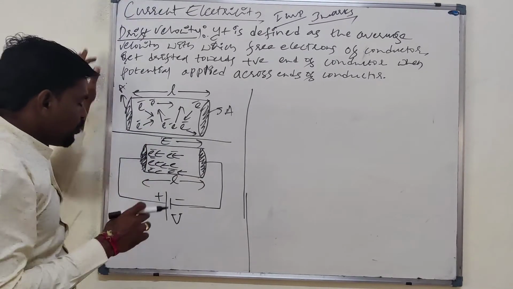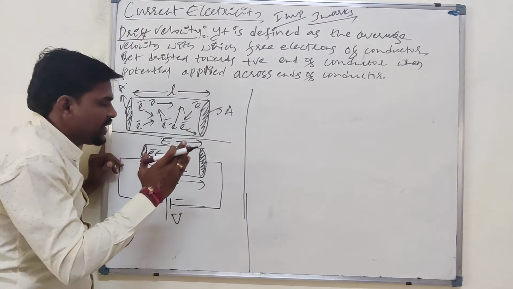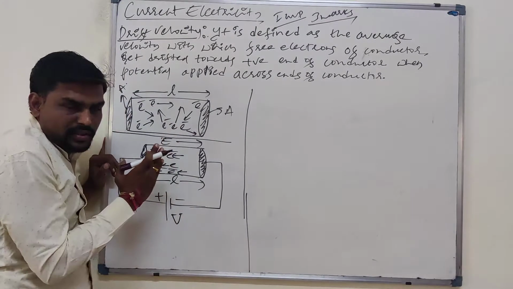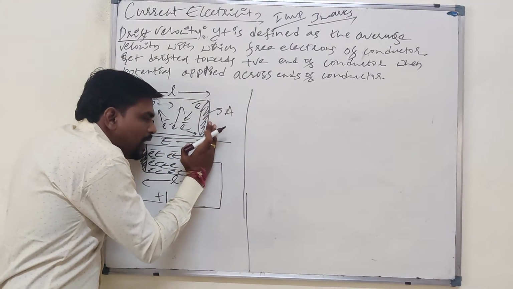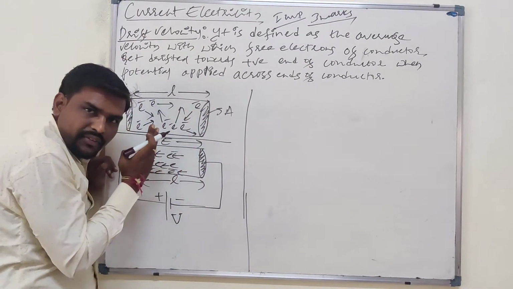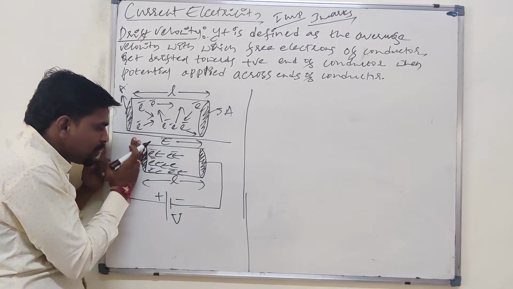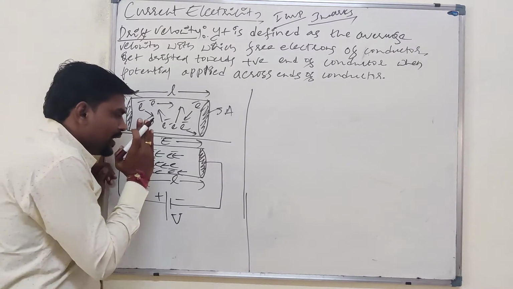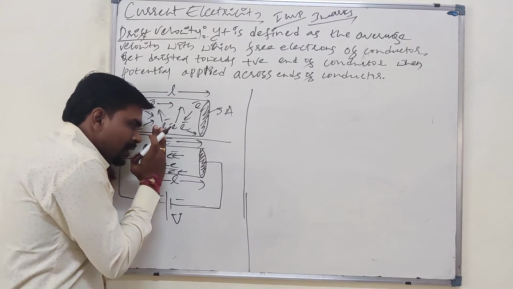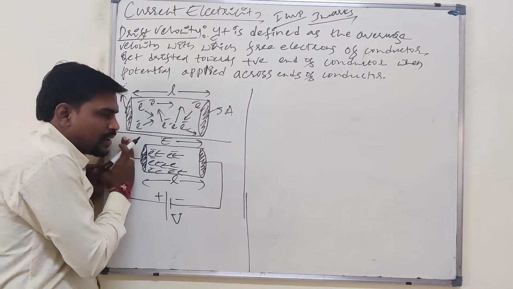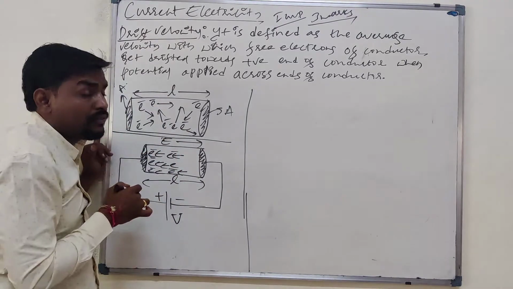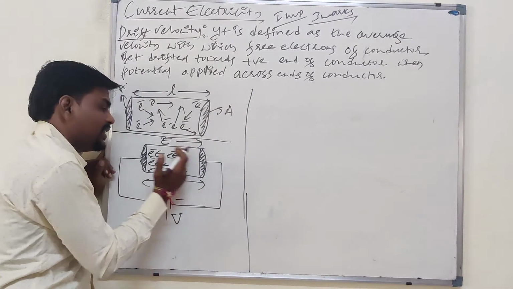As soon as we give the potential difference, what happened? All electrons, by the opposition of the electric field, all the electrons drifted towards the positive end of the conductor. All the electrons are coming towards this positive end, opposite to the electric field, in the direction opposite the electric field.